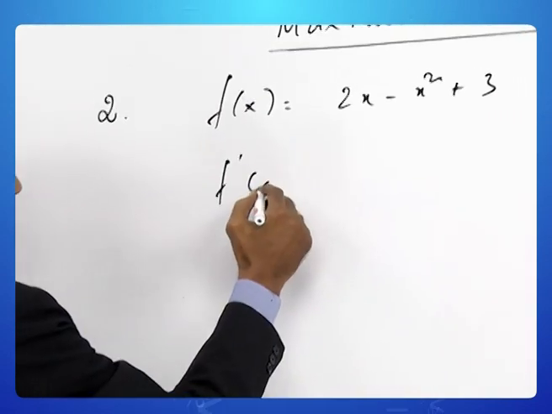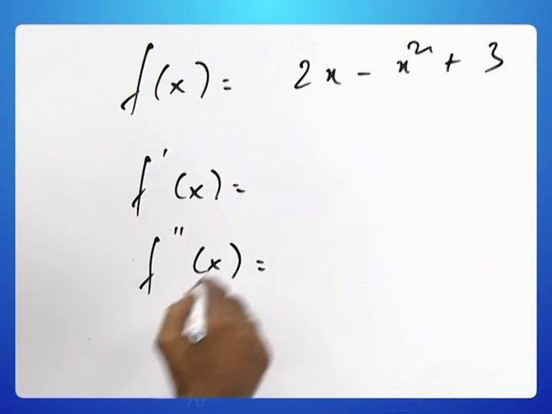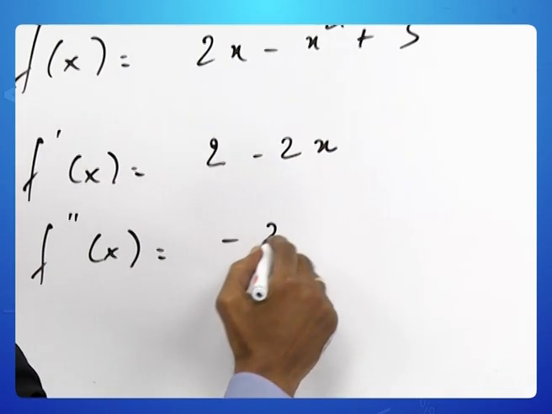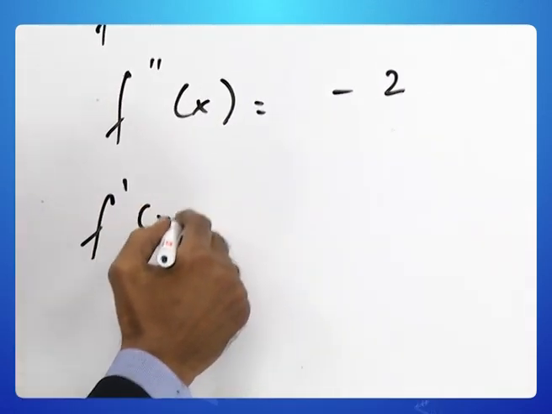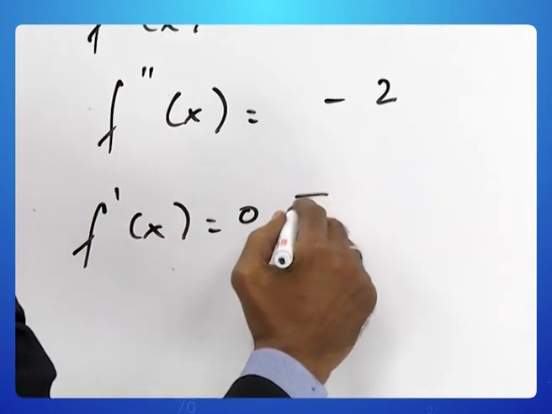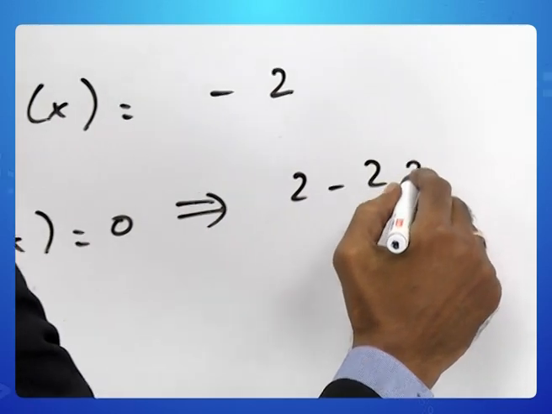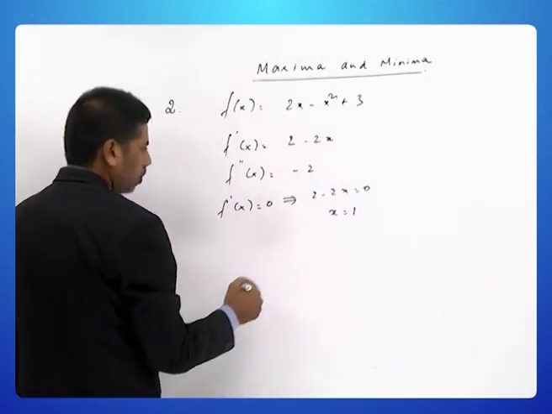So let's take the first and second derivatives. So you set f dash x is equal to 0 and you get 2 minus 2x is equal to 0, giving x is equal to 1. So there's only one critical point.